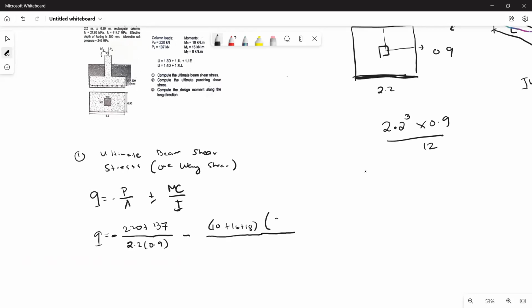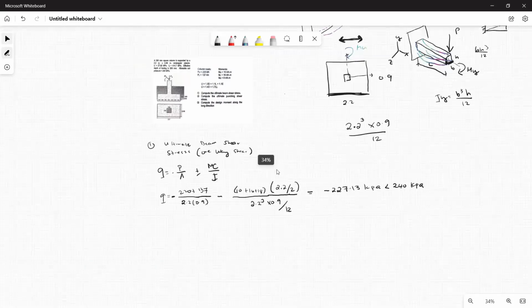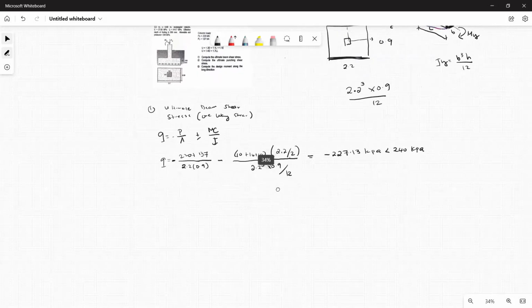So, therefore, siya yung kakalahati divided by the B cube H over 12, yung inertia, which is equals to 2.2 cube times 0.9 divided by 12. Okay, if we check, that is negative 227.13 kPa, which is also less than 240 kPa. Okay, so ibig sabihin yung area natin is okay.